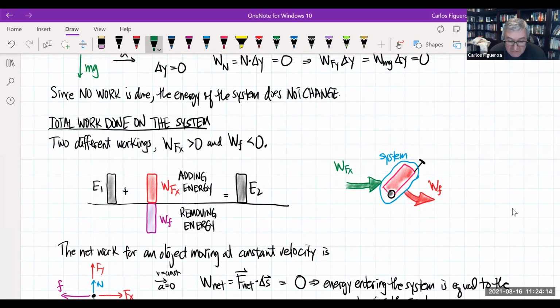And as a consequence, that thing is 0. So that's what happens when you're moving at constant velocity.